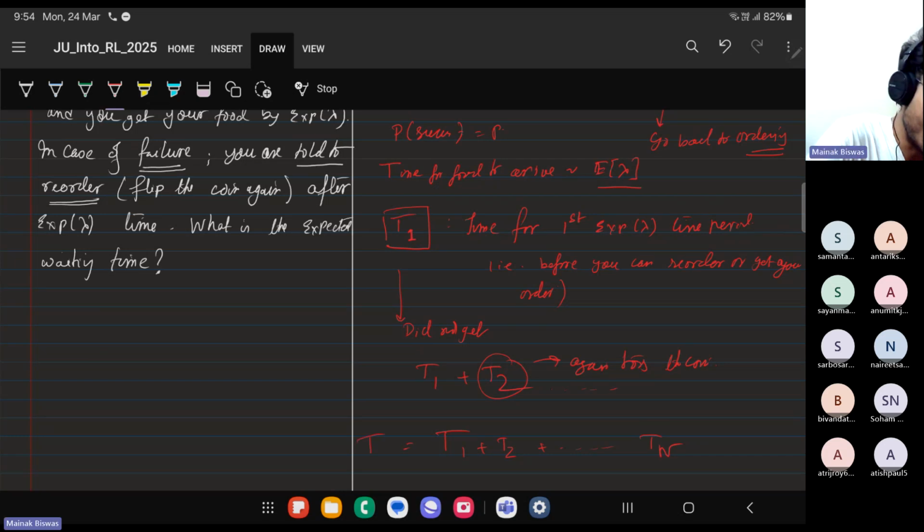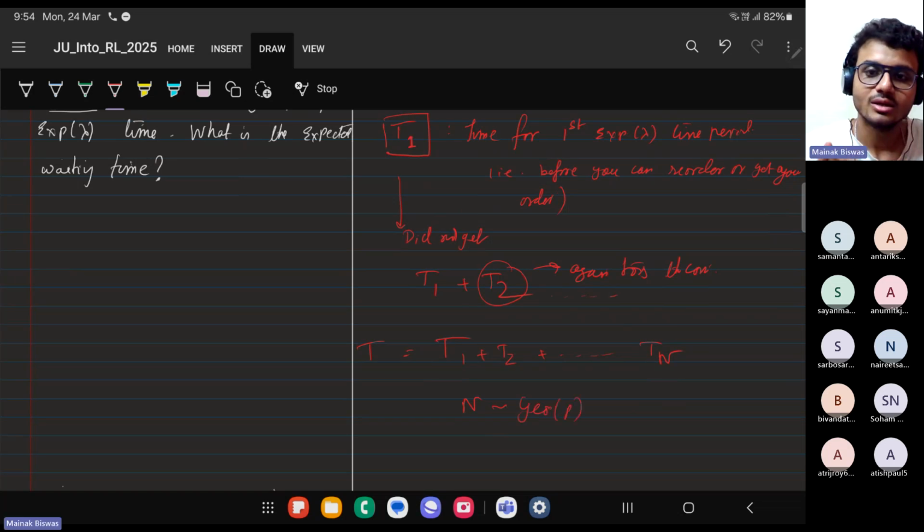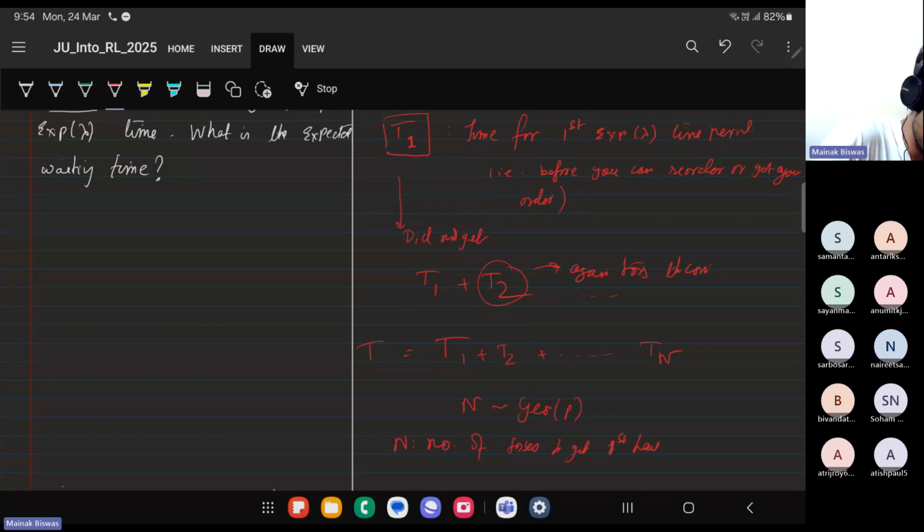This is total T, where n is distributed as geometric p. Why did I say geometric p? Can you tell me? Tosses to get the first head, and Ti is exponential lambda IID.